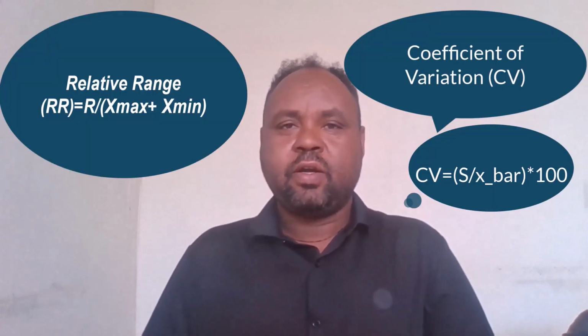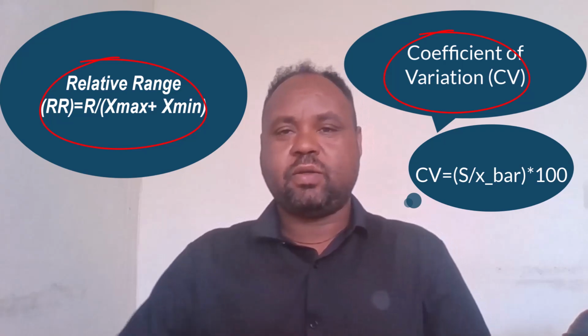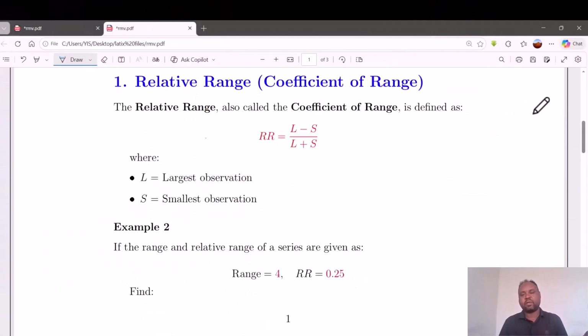Today, we move from absolute to relative measures, which allow us to compare data sets more effectively across different scales. Specifically, we will cover relative range and coefficient of variation. Stay with me. Okay, let us begin.